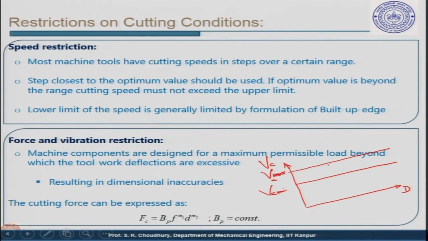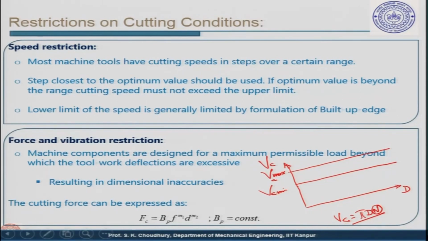So, the N, that is the RPM of the spindle, cannot be more than the V maximum. Vc is pi d n. So, change the value of n in such a way, given the diameter, that it does not cross Vc maximum and it does not go below Vc minimum.